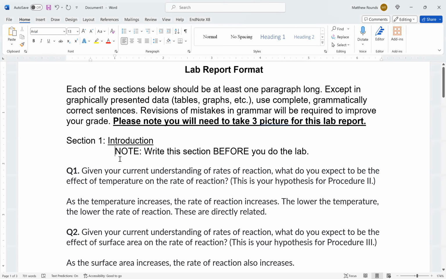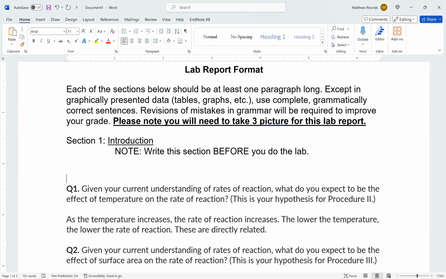All right. So the first question I think would be helpful for writing this narrative would be: what causes a chemical reaction to occur?